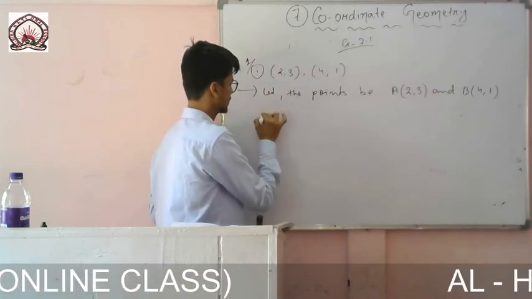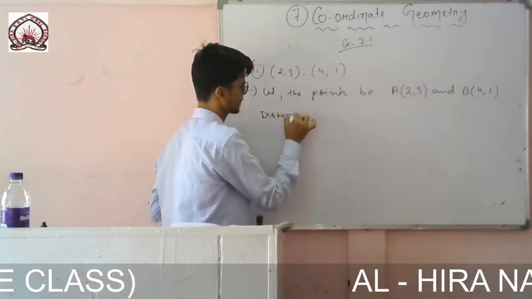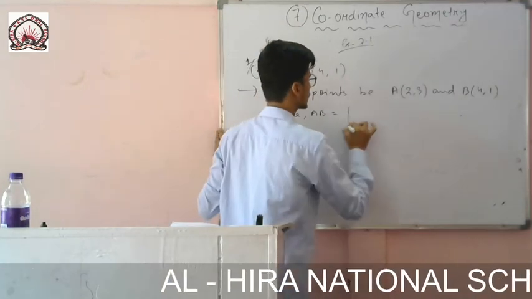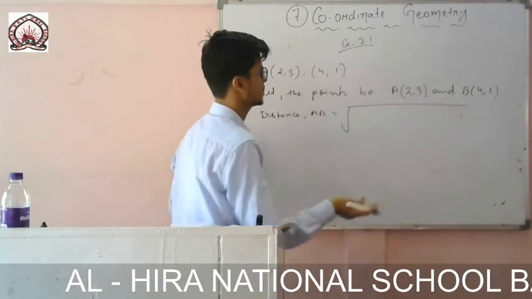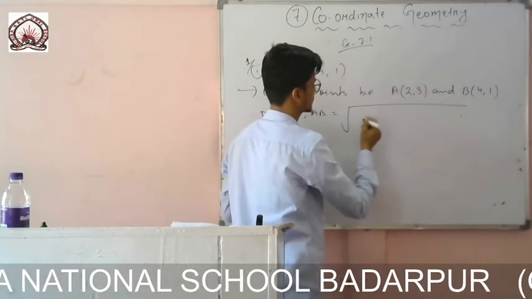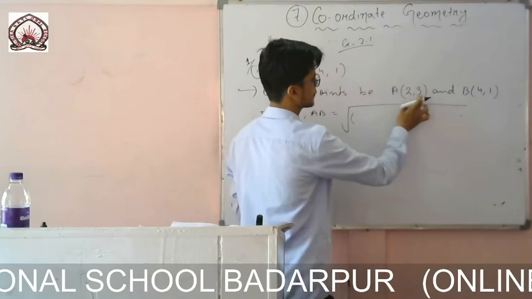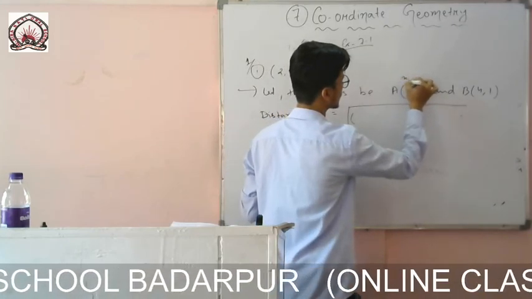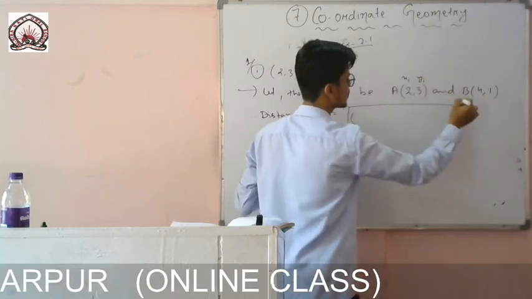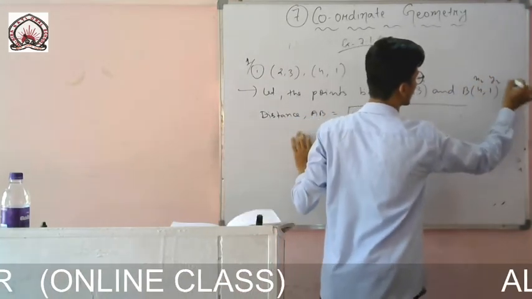So distance AB will be equal to, what is the formula? You can use any one, it's up to you. Let me write this one. This one is x1, this one y1, this one x2, this one y2.